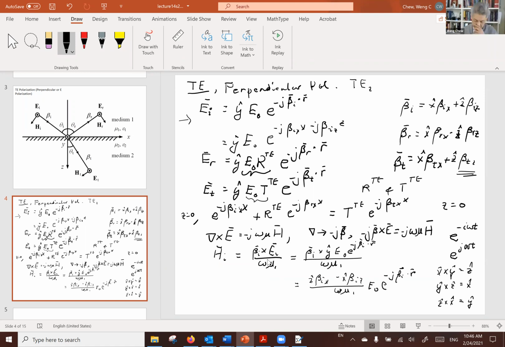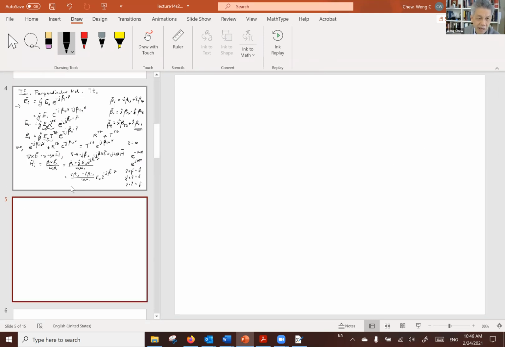Okay, this would be what I have for H_I, and you can get the hang of it, and you can see how complicated it is. So I will not do the other components, but you get the hang of it. You know what I'm talking about when you have to do this in gory detail. You just have to do this very carefully, so you can actually go and work out your reflected field H_R.